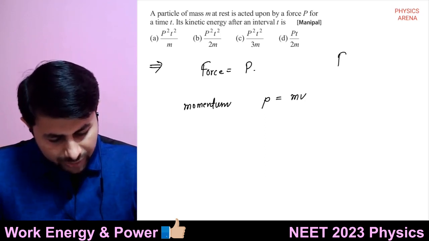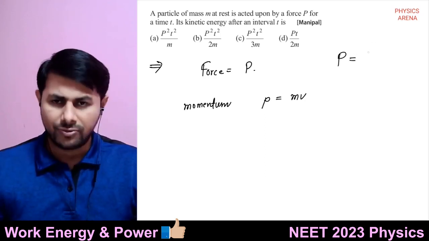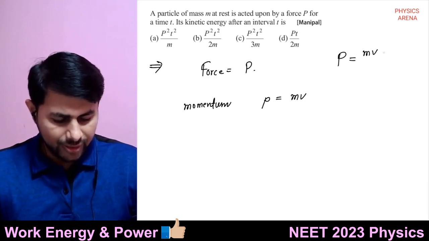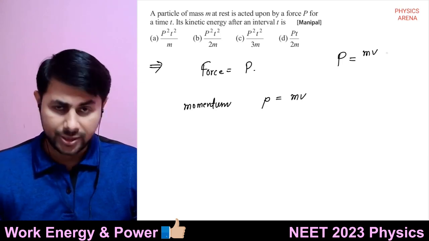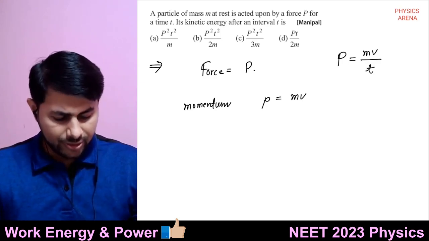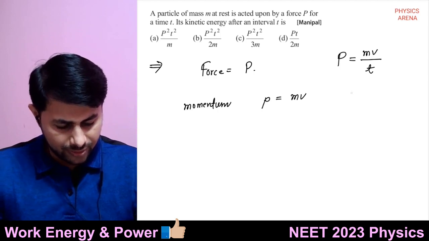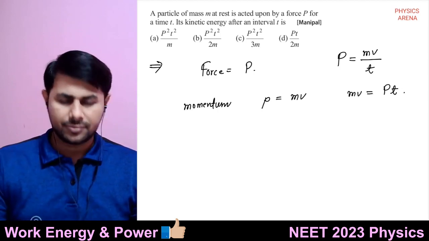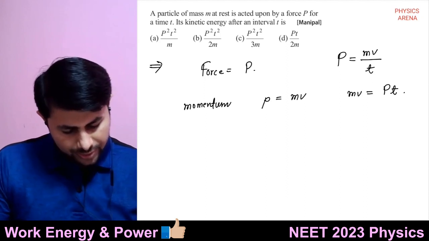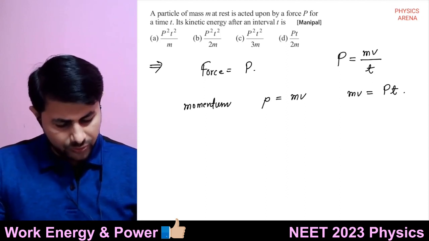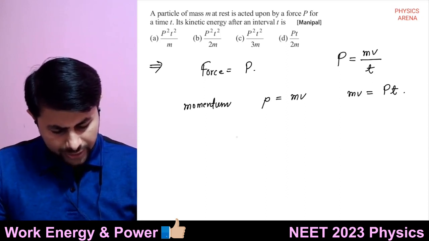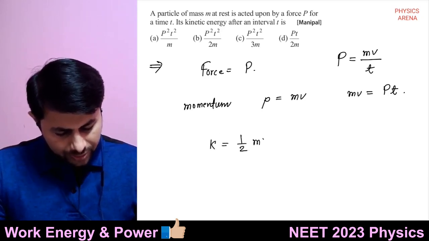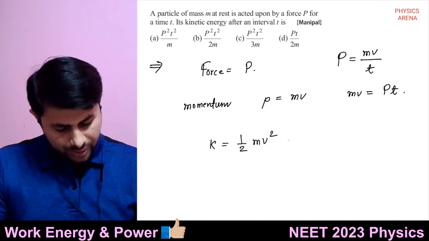This force P will be equal to final momentum mv minus initial momentum, which is 0, divided by t. So final momentum mv is equal to P times t.